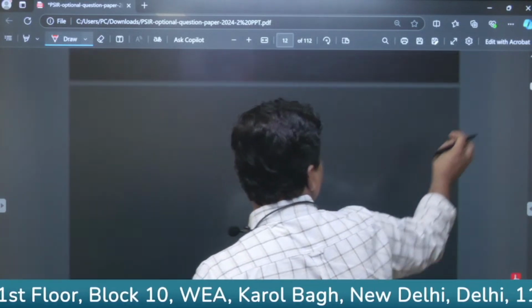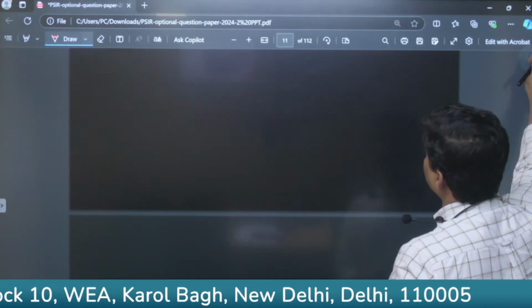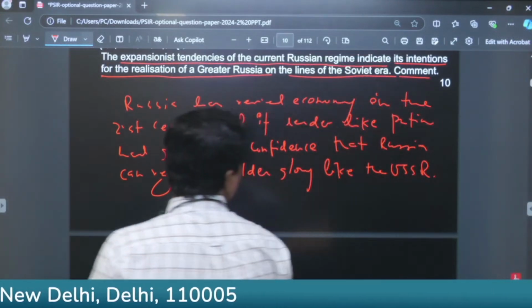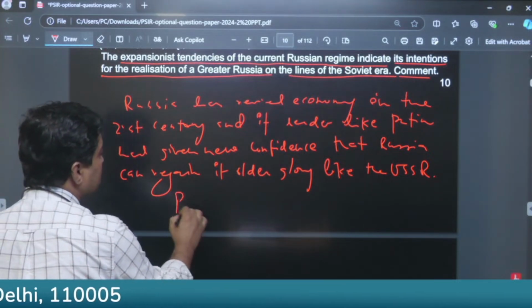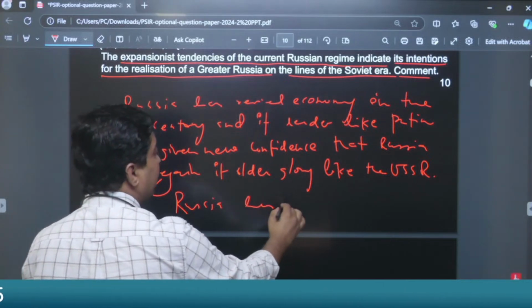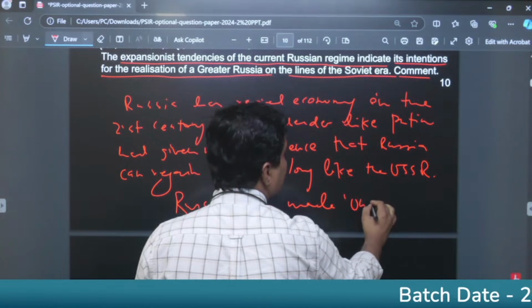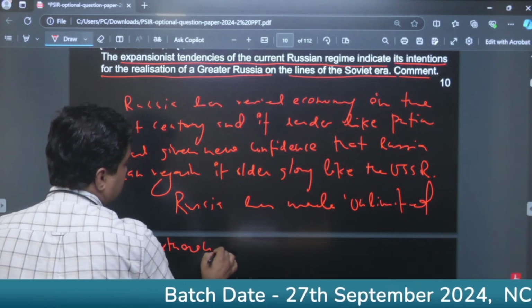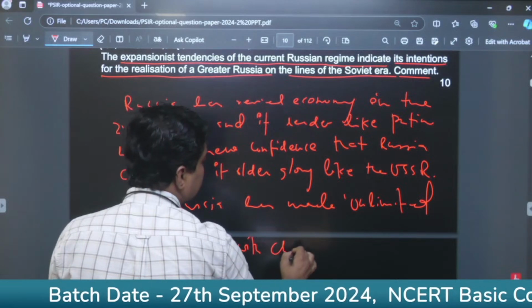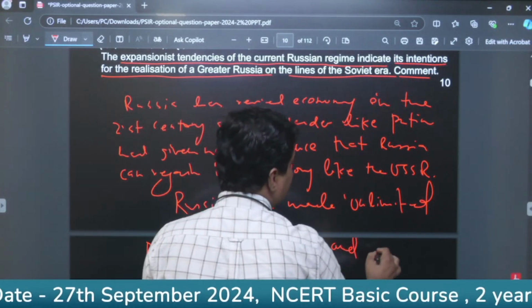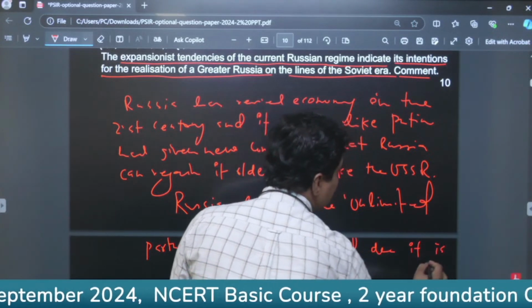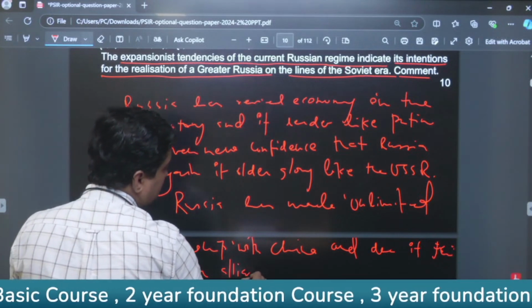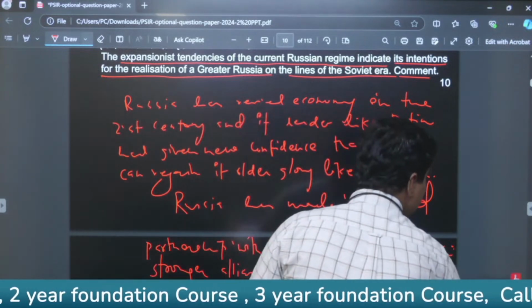Now if you look at Russia, it has made an unlimited partnership with China, and due to this stronger alliance, Russia feels stronger.